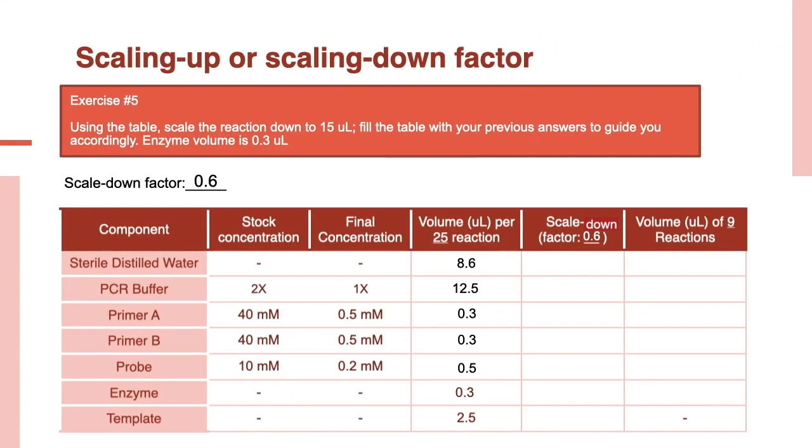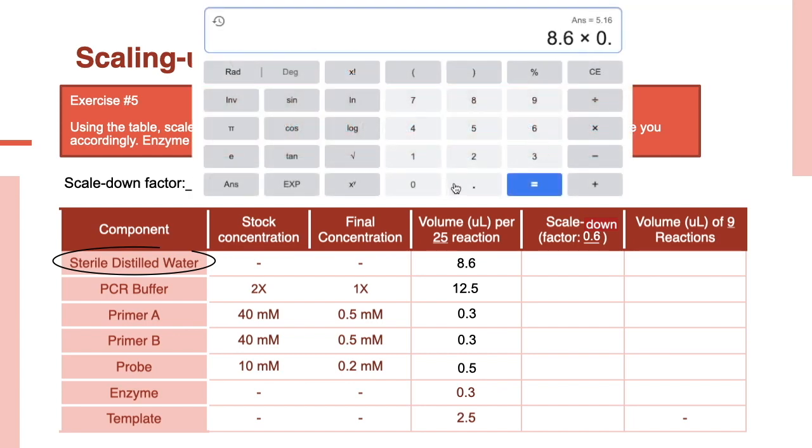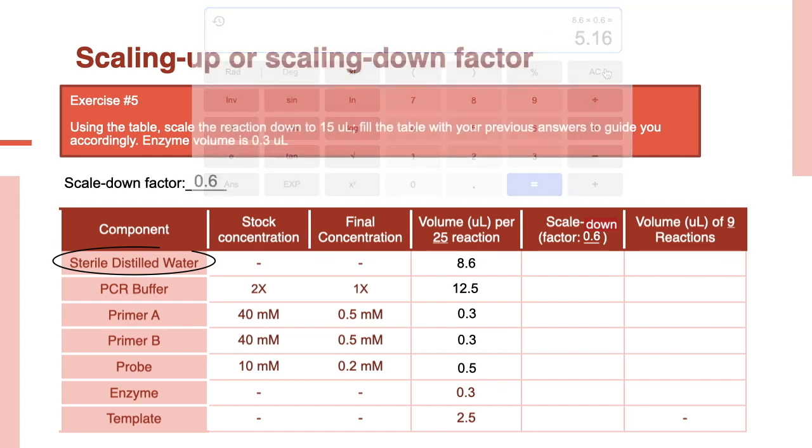In the scale-up column, to get it, you have to multiply the volume for the 25 reaction by the 0.6.